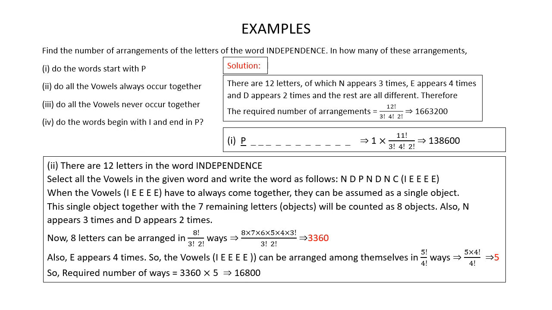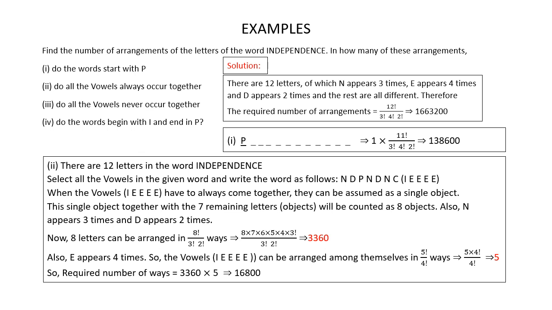Now P can be arranged in the first position in one way. So 1 and is nothing but multiplication, and the 11 remaining letters can be arranged in the remaining 11 positions in overall factorial divided by the product of the repeat factorial ways.